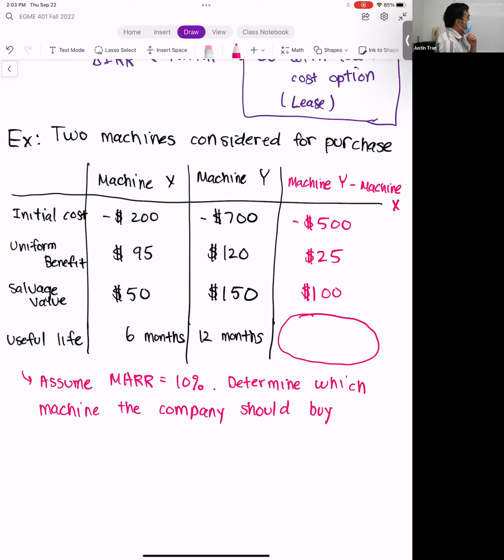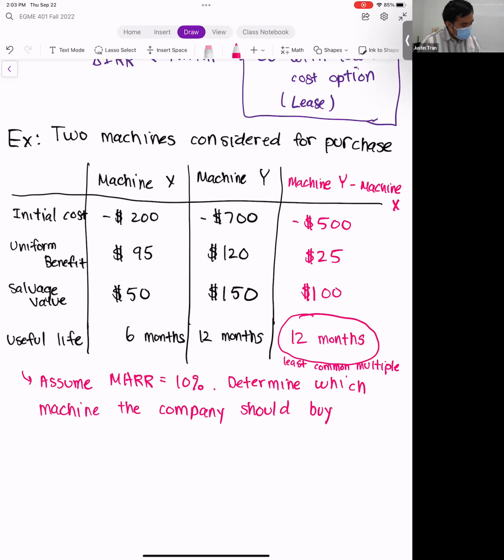In this case, we have a product life of 6, product life of 12, and so the least common multiple between them is going to be 12 months. So when you're doing incremental rate of return analysis for options with differing time periods, the time period that you analyze it for is going to be 12 months.